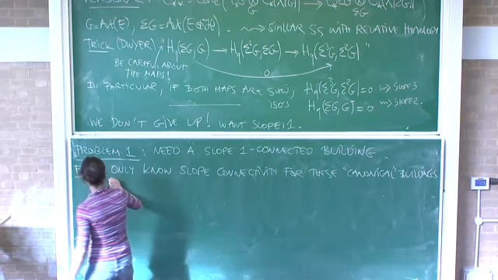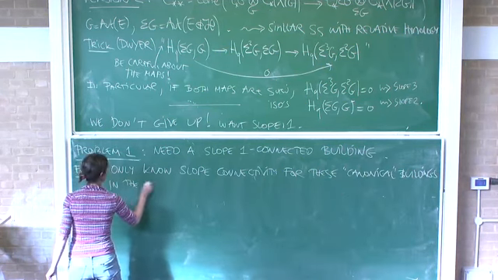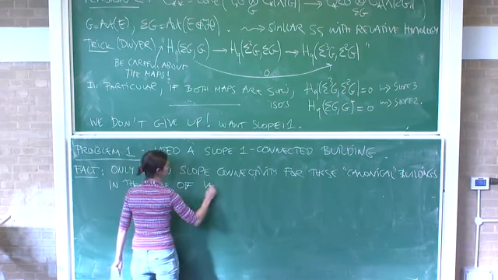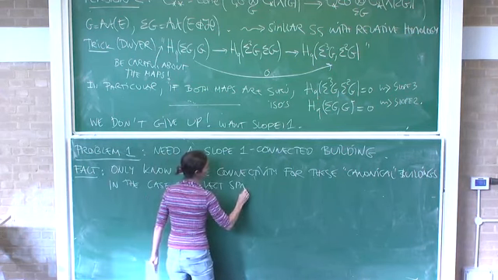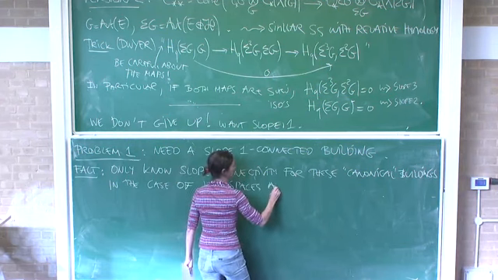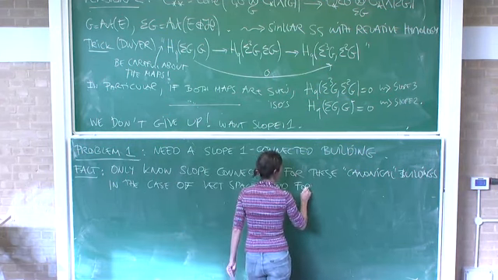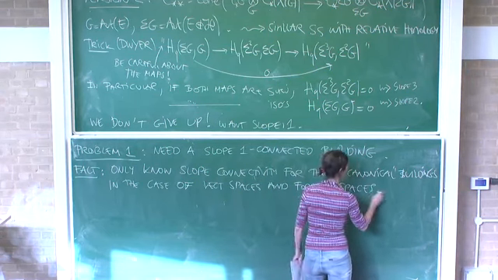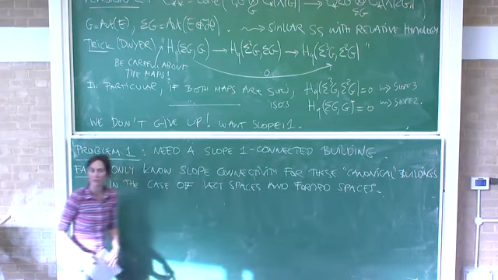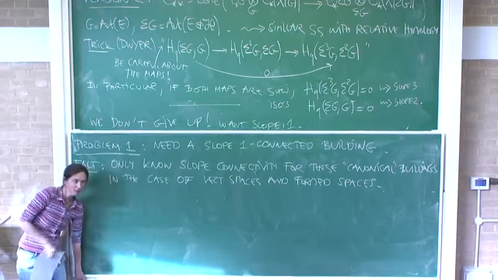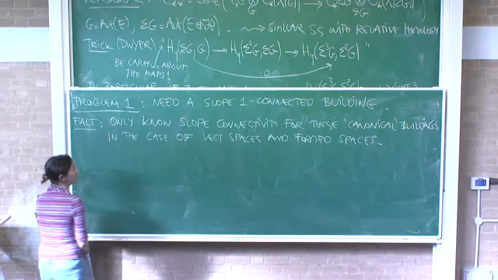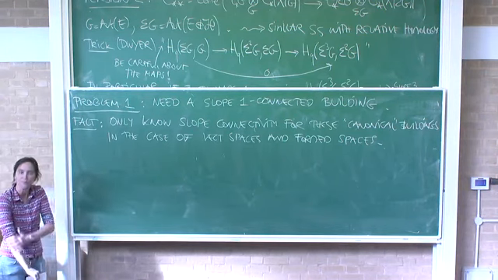In the case of vector spaces and vector spaces. Okay, so that's a bad start. Actually, the building, I said, was there, happily given to us. We actually can't use it.